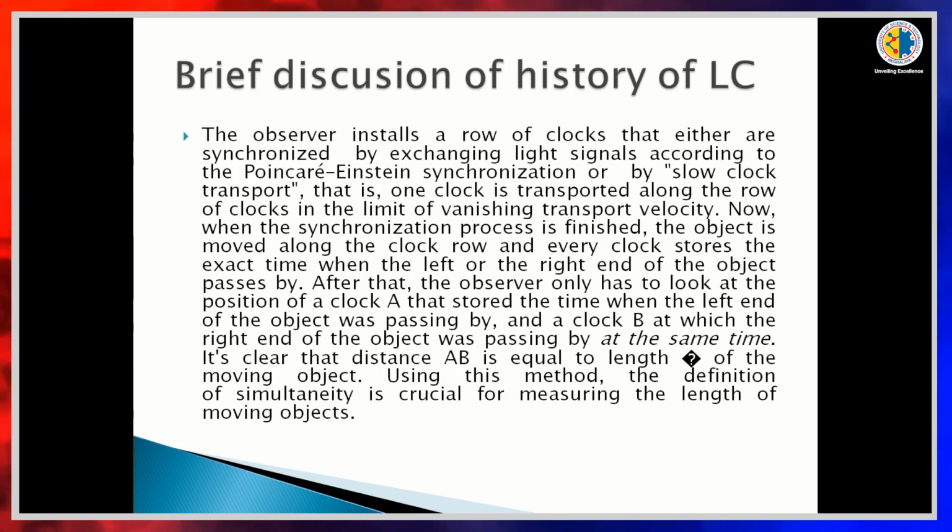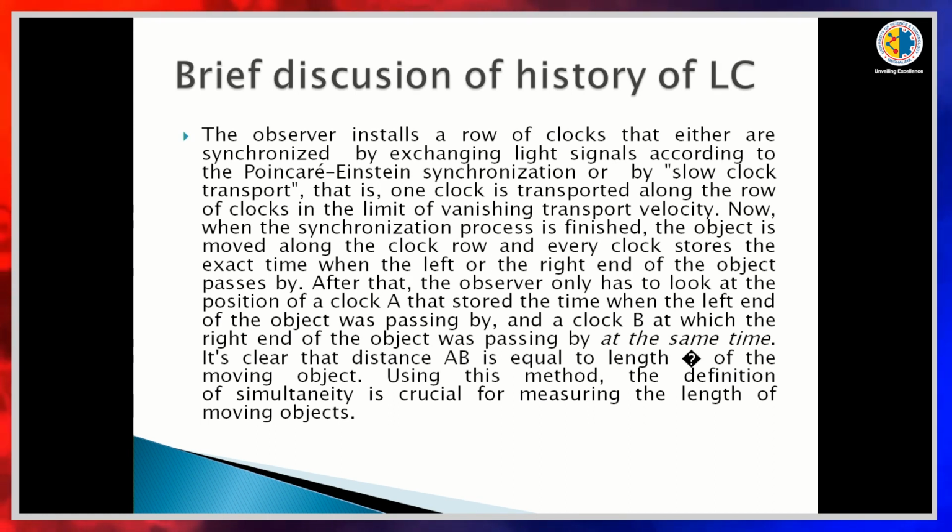After that, the observer only has to look at the position of a clock A that stored the time when the left end of the object was passing by, and a clock B at which the right end of the object was passing by at the same time. It is clear that distance AB is equal to the length of the moving object.